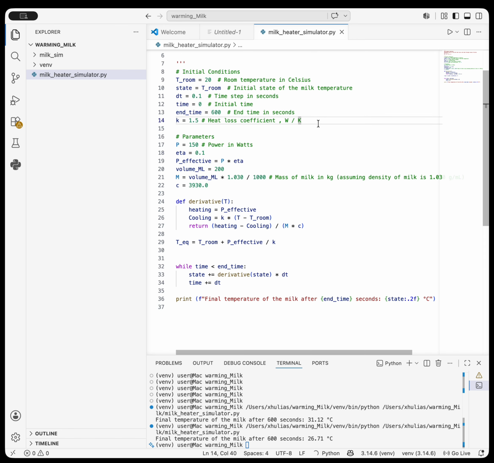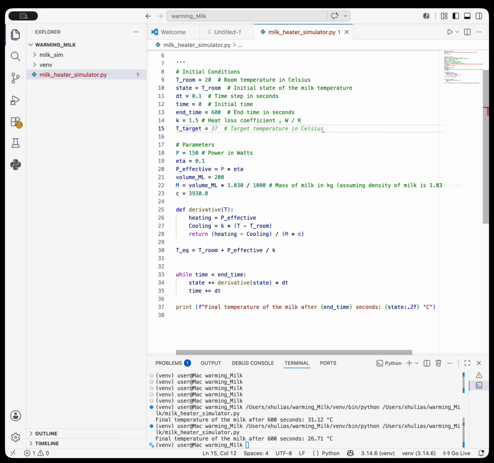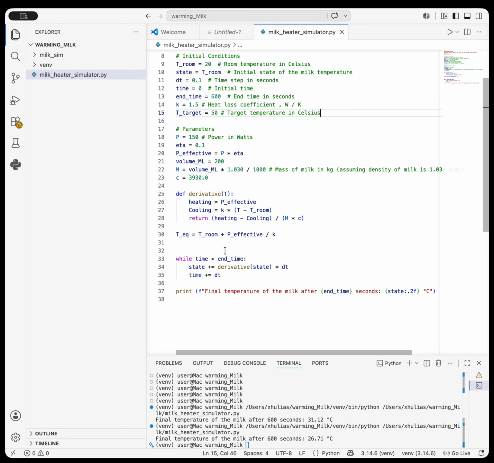But the main question for me is if I wanted to heat up the milk to a fixed temperature. Let's say that T target is going to be equal to 50 degrees Celsius, okay? The target temperature. And I want to heat up the milk until this temperature.